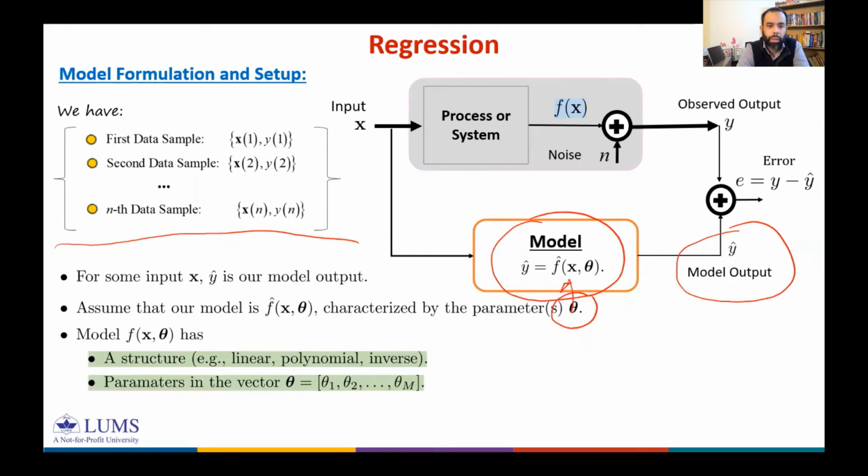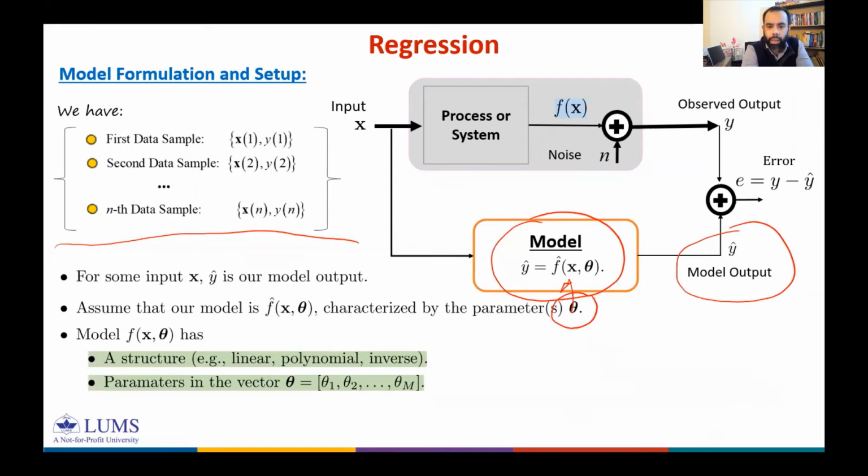So we assume that this f hat x of theta is our model establishing the unknown relationship between x and model output y hat. This model depends on the parameters, all of which are grouped in a vector theta.